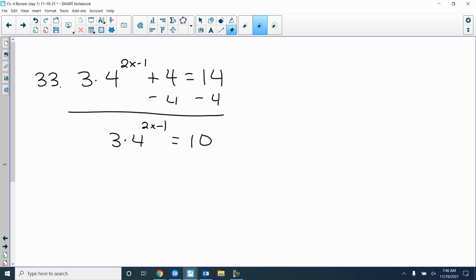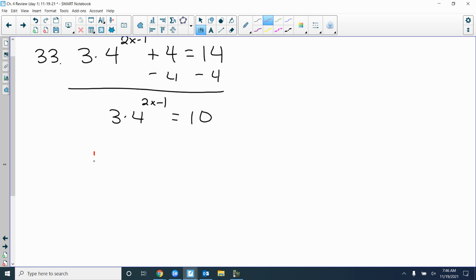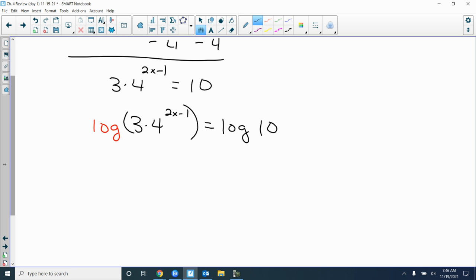Now, what if I take the log right here? Let me just take the log right here since only a few people did. If I take the log of 3 times 4 to the 2x minus 1 equals the log of 10. Not that I have to do anything, but what's the log of 10 equal? It equals 1. You can replace that with a 1 if you want to, but you don't have to.